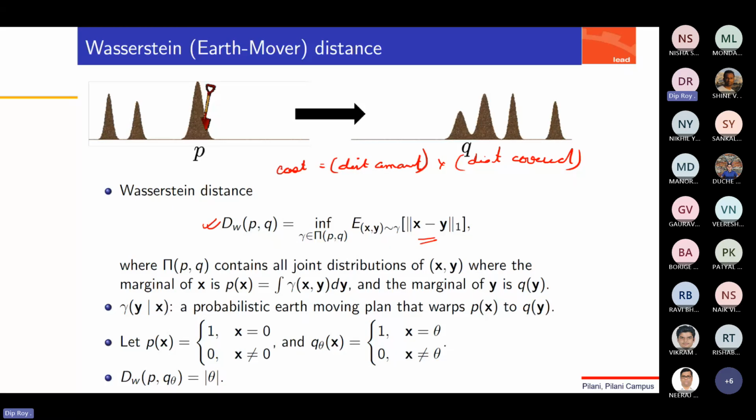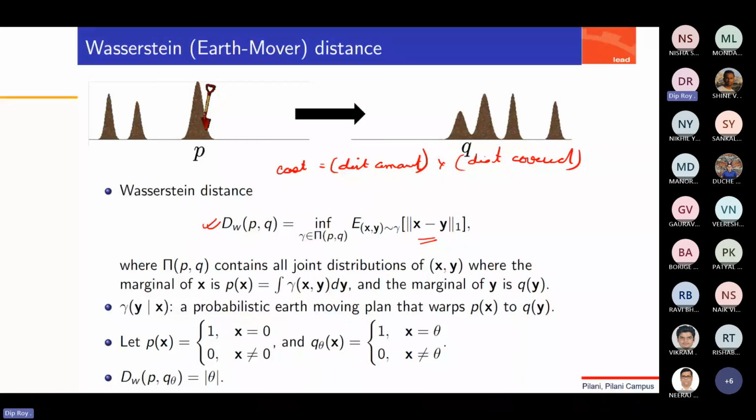X is a point in the probability distribution P, Y is a point in the probability distribution Q. And then you have your gamma, which is nothing but a transport plan of how to move X to Y. All these gammas combine together, and basically the entire table will form one full transport plan.